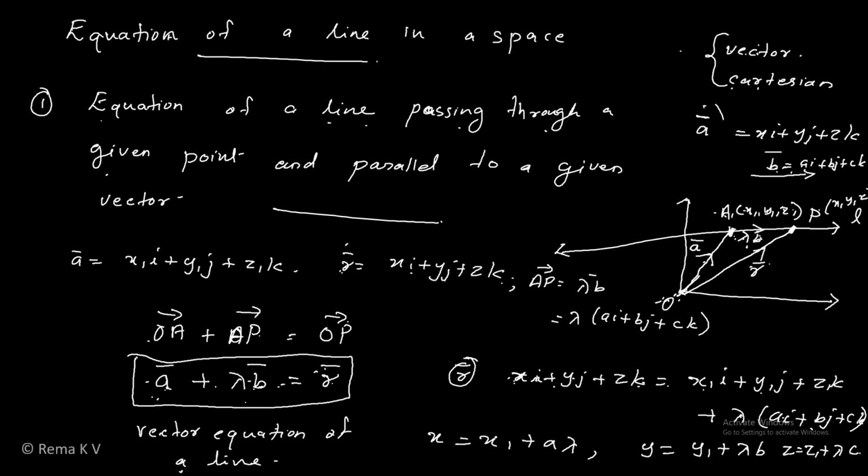From this, find the value of lambda in each case. From each of these equations, find the value of lambda. What will you get? From the first one, lambda is equal to x minus x1 by a. From the second one, lambda equals y minus y1 by b.